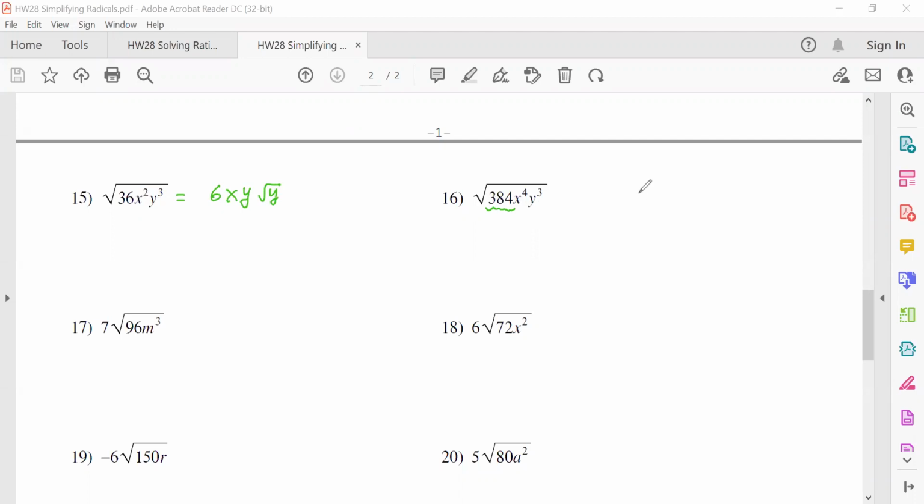We can break it down at least times 4 times what? 96, right? 496. So 96 can continue breaking down. So 4 times 16 times 6, right?